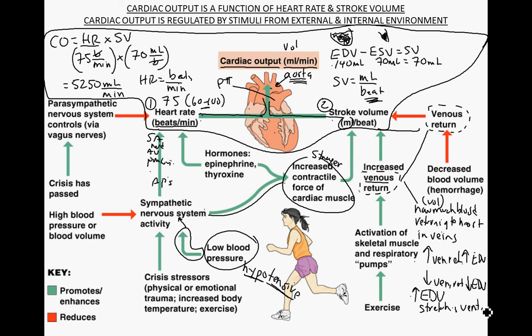So stretched ventricles contract with more force. So that is then going to, of course, increase the amount of blood, the volume of blood that leaves there. That increases the stroke volume as well. Okay? So that was a lot.